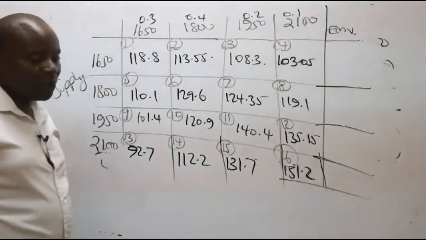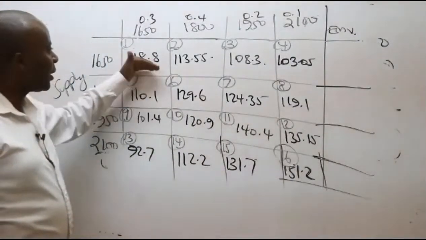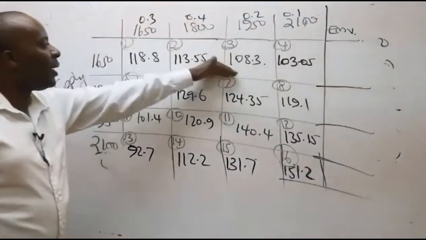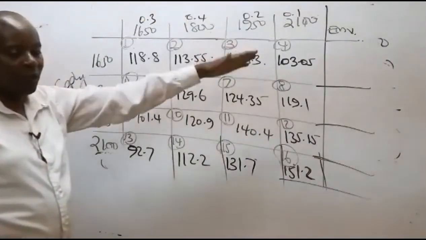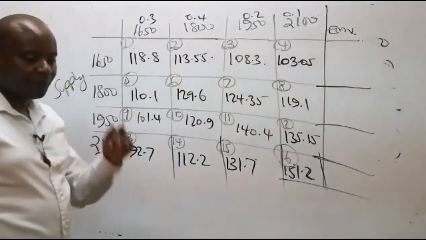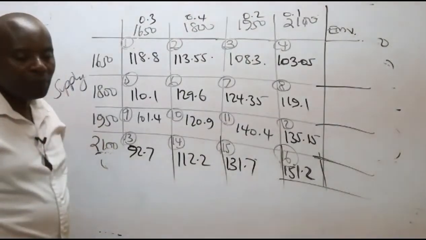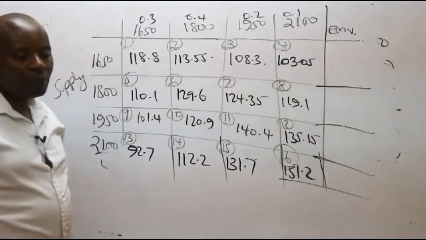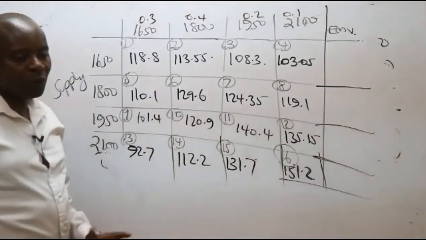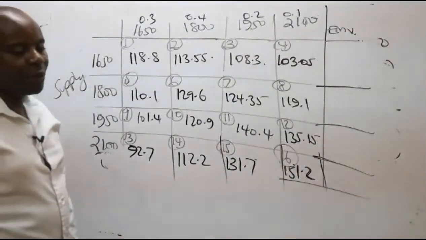Expected monetary values. So how do we get this? We are taking this times probability plus. You give me an answer there. Expected profits or expected monetary value.